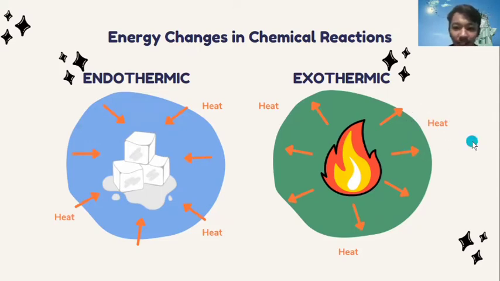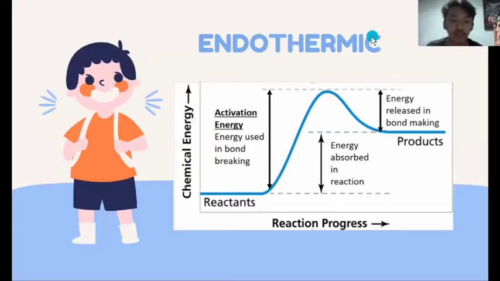Let me explain about exothermic and endothermic reactions in energy change in chemical reaction. First, the endothermic reaction. As we can see, I have a graph from an endothermic reaction. In an endothermic reaction, more energy is taken in to break bonds in the reactants than is released by the bonds being formed in the products.